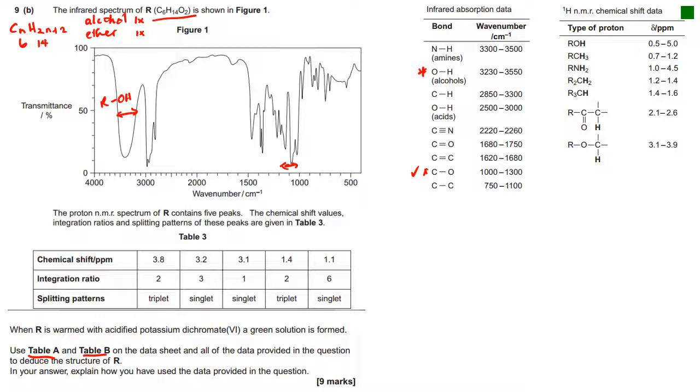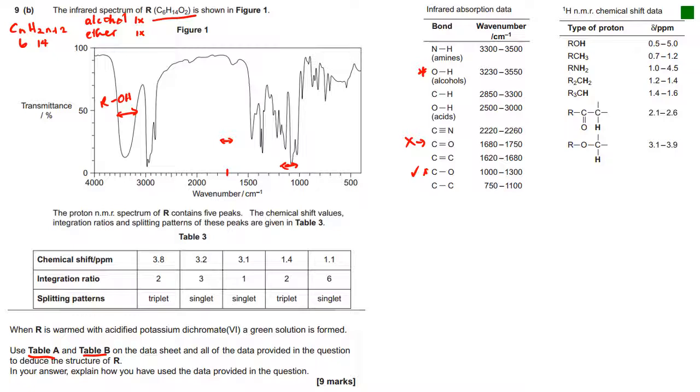To be doubly sure, let's check our carbon double bond oxygen. So that's just less than 1700 to just over 1700. Here's 1700. Okay, and we've got no peak there, so that says we haven't got one of those, which confirms what we thought earlier. Okay, so that's what we've got so far.